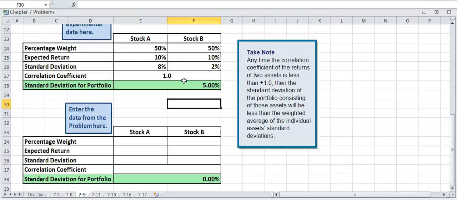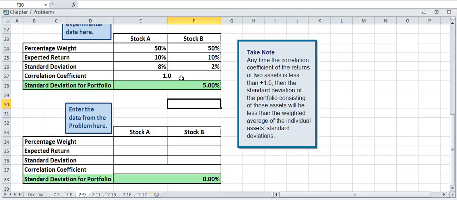Why is that? Well, if they both exactly correlate, that means that the standard deviation of both of these combined is going to be exactly the average of what they are separately, if they both totally correlate in their movement.